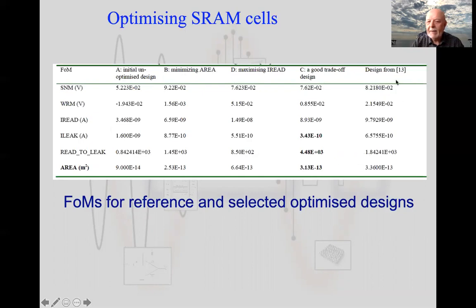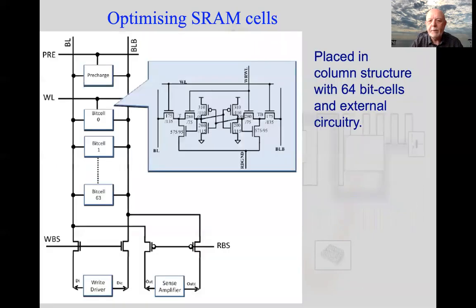And this one at the end here was a design done in that paper that I referenced before. So you can see that it was kind of an interesting example of how evolution can come up with a new design for you, one that was better than the human design.